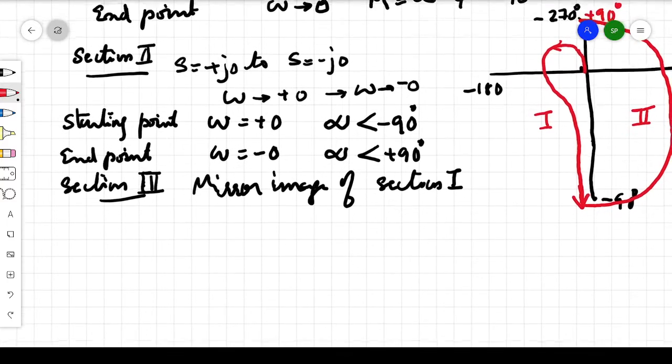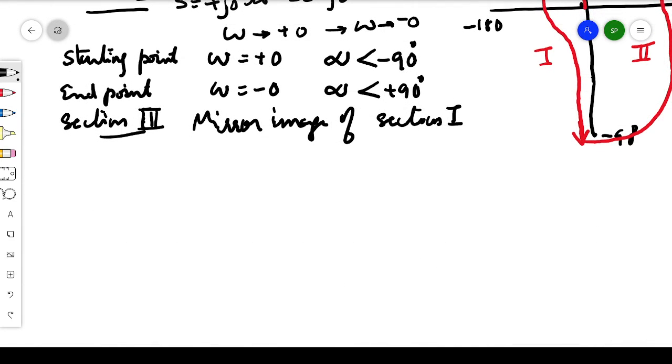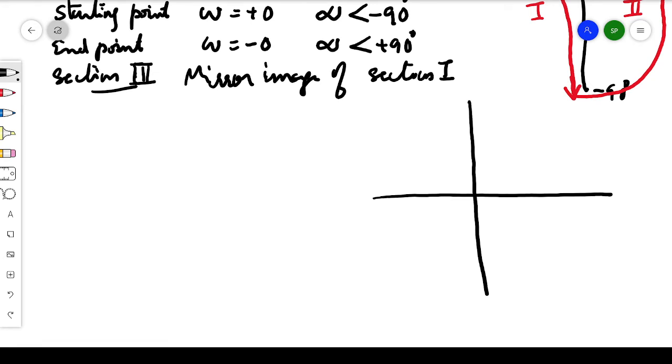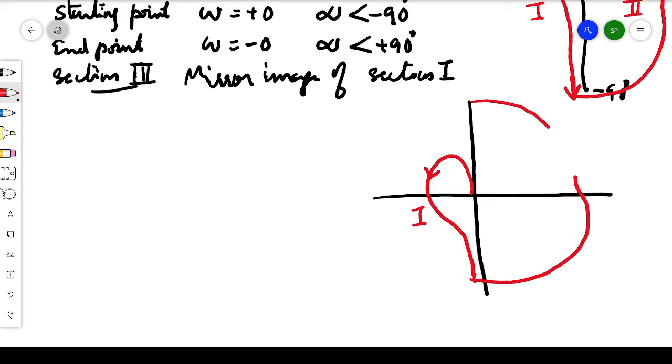I'll just draw it here, the proper plot. This is section 1, going in this direction. Section 1 we have already drawn. Sorry, this is section 2.